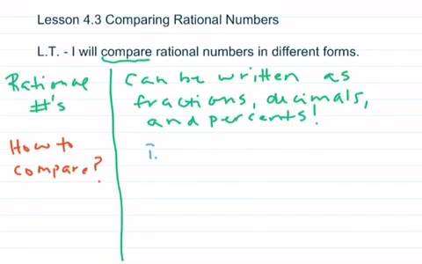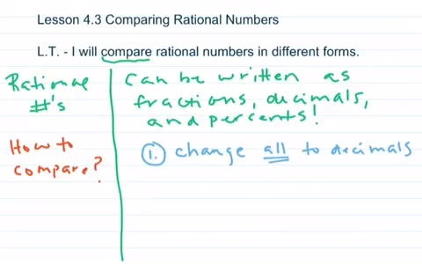I'm going to teach you guys 4 steps for how I want you to compare rational numbers. Okay, first, we are going to change all the rational numbers to decimals. You could change them all to fractions and find a common denominator.